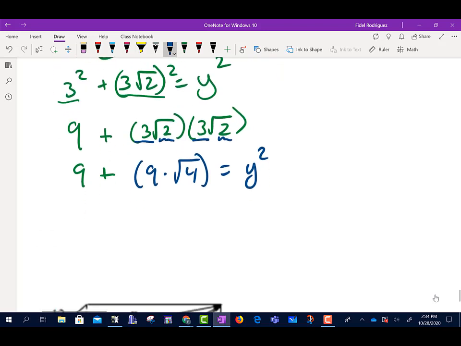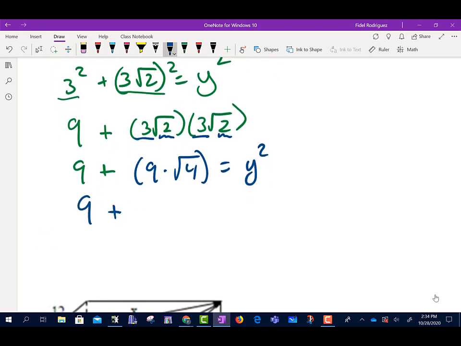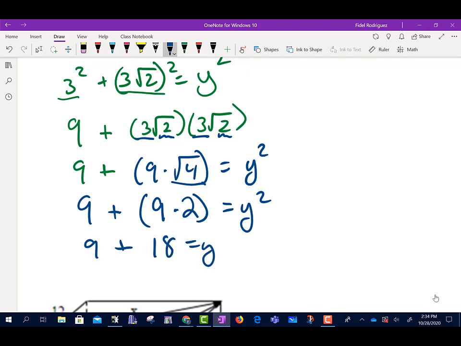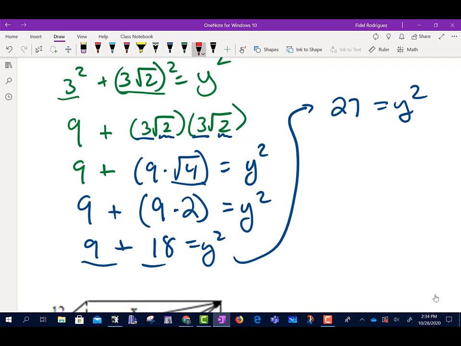I'm trying to go really, really slow here. So now look, 9 times, what do we know the square root of 4 is? The square root of 4 is 2. So 9 plus 9 times 2 is 18, which is equal to y squared. So 9 and 18, when I add them together, gives me 27 equals y squared.